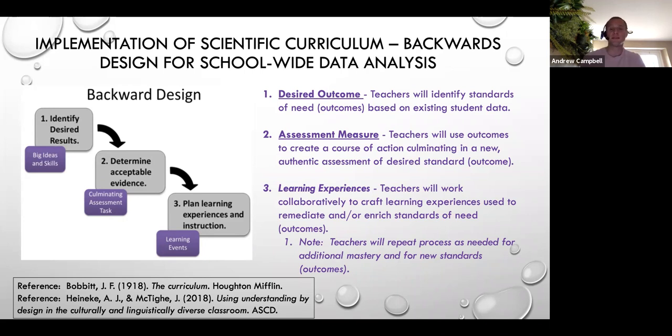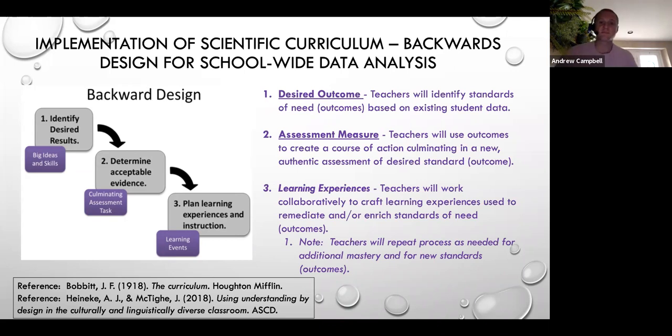If we're looking at school-wide data, let's say we're looking at what specific standards our students are not meeting. This can be grade-wide or school-wide, it could be a standard of mathematical practice, or in reading, let's just say determining main idea. There are desired outcomes in which we want to drive school improvement.